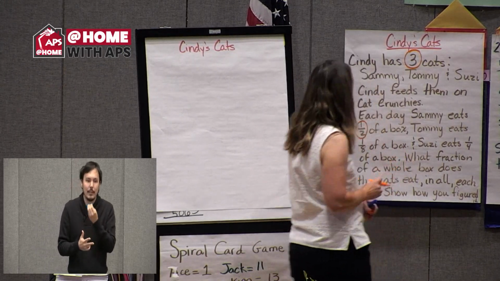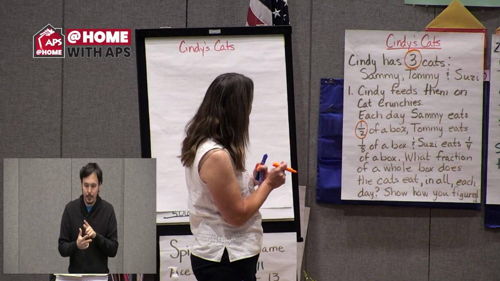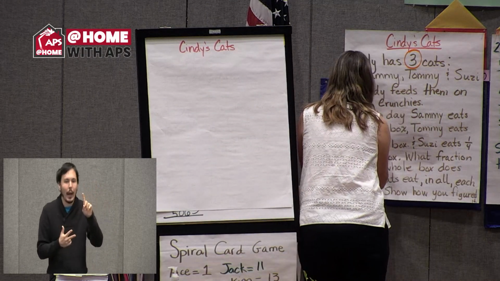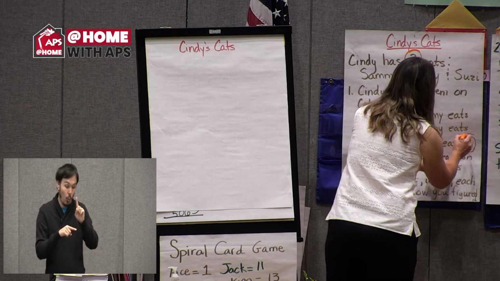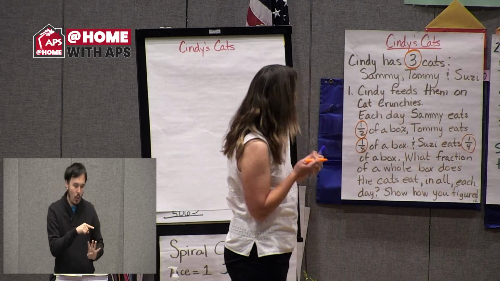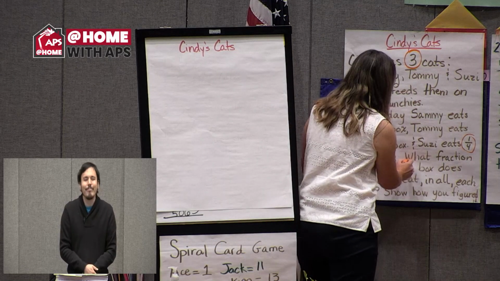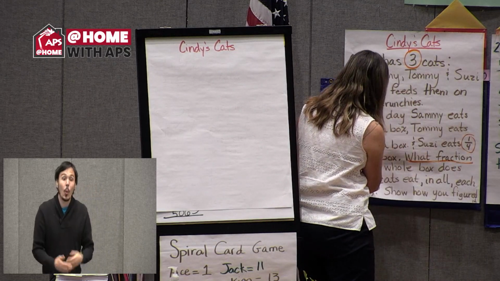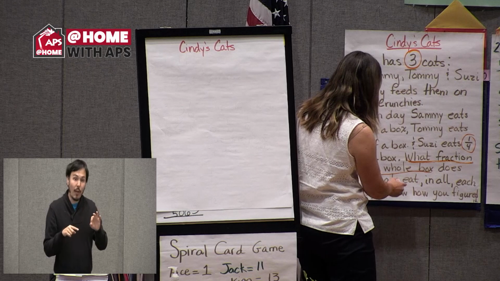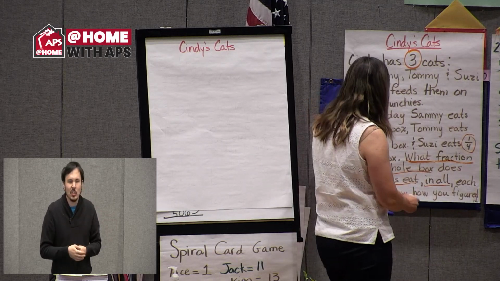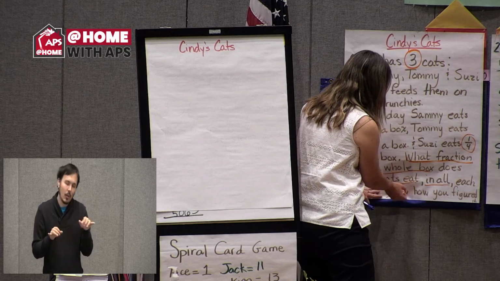We know that one. What else do we have? Great, an 1/8 and a 1/4. Now, what is the question that we are being asked to do? Thank you. What fraction of a whole box do the cats eat? And then it says in all. And then, of course, show how you figured it out.